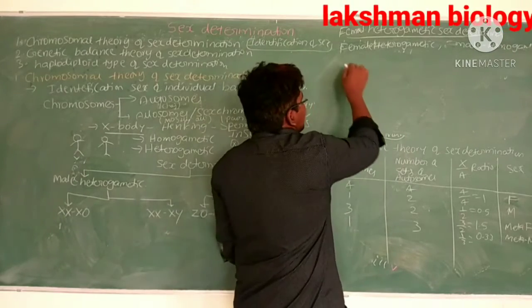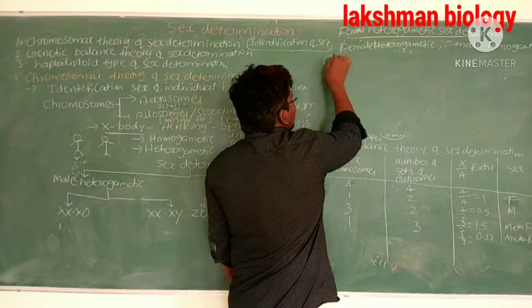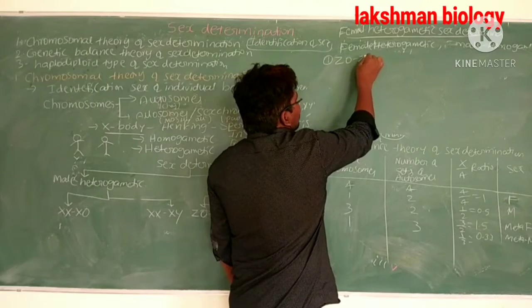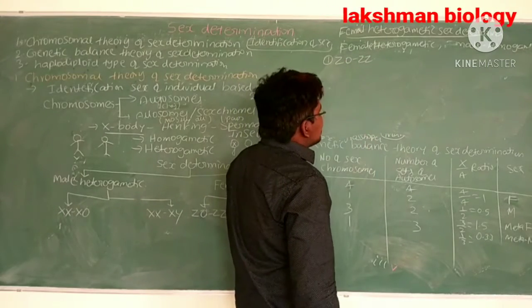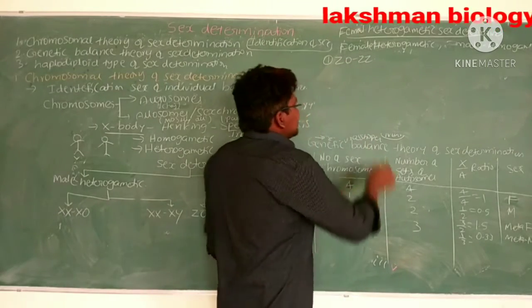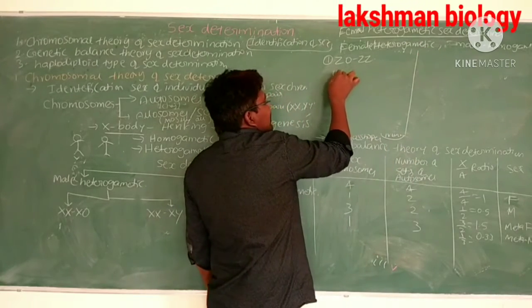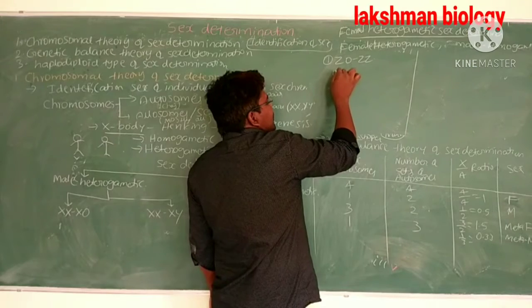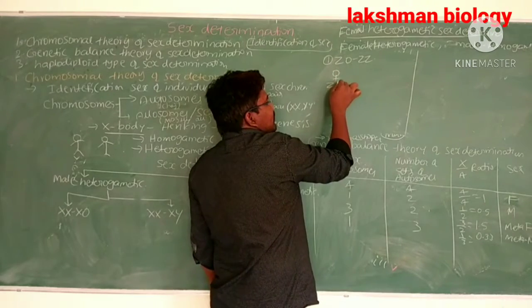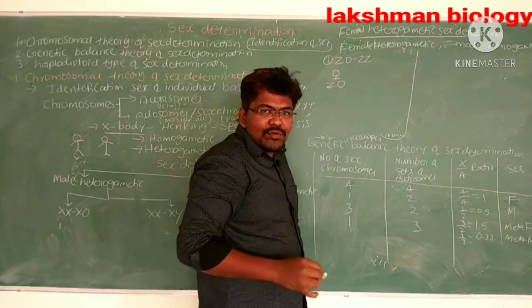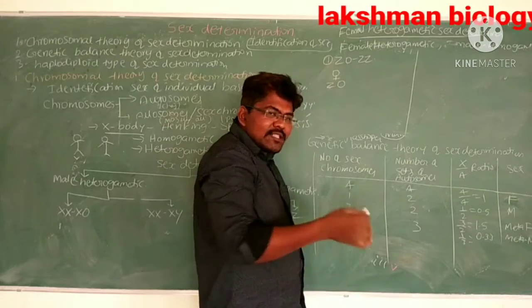First, we will discuss the ZO-ZZ type. In ZO-ZZ type of sex determination, the female is heterogametic.